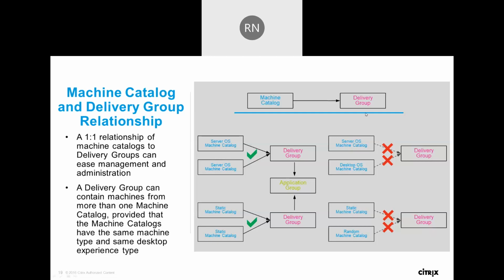But clubbing a server OS machine catalog with a desktop OS machine catalog is not possible. Among desktop catalogs, clubbing a static machine catalog and a random machine catalog together is also not possible. So this is the possible condition, and these are the not possible conditions.